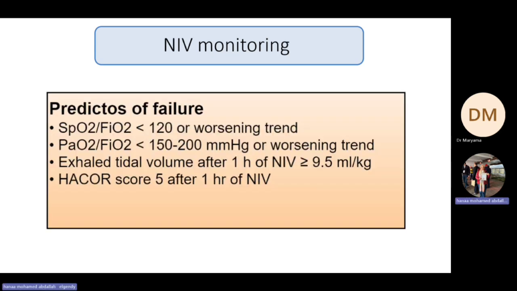In non-invasive ventilation monitoring, the predictors of failure include lower SpO2/FiO2 less than 120 or worsening trends, also PF ratio less than 200 or worsening trends. The patient has air hunger, exhaled tidal volume after 1 hour more than 9.5 ml per kg, and HACOR score more than 5 after 1 hour of non-invasive ventilation.